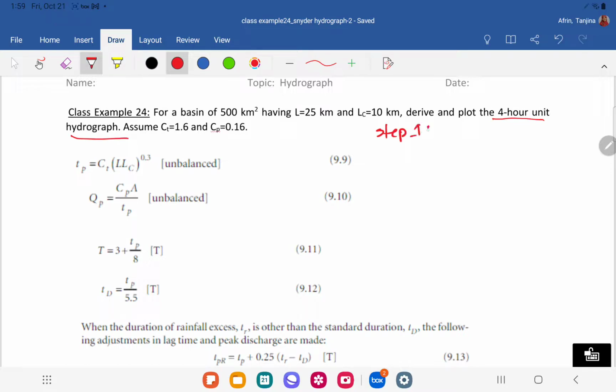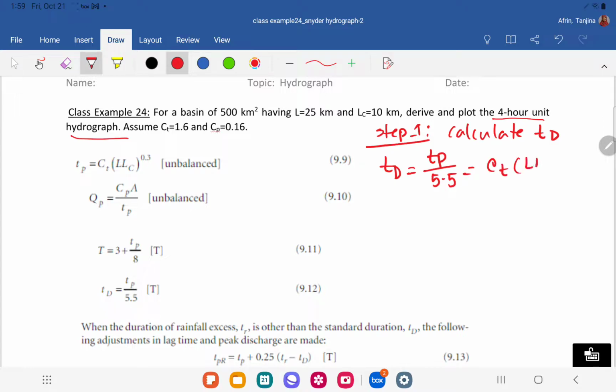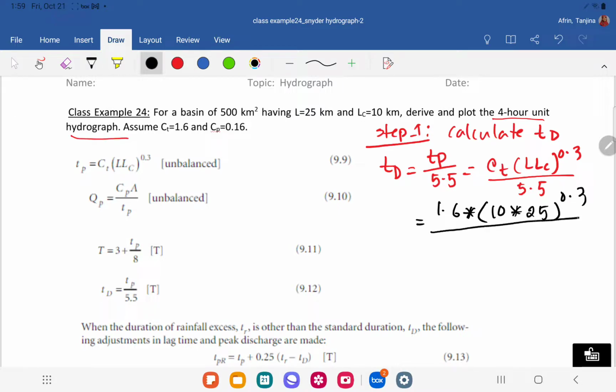Step 1, calculate TD. For TD it's TP over 5.5, and TP is CT times (L times LC) to the power 0.3. We know CT is 1.6, we know L is 25 and LC is 10, to the power 0.3, over 5.5.